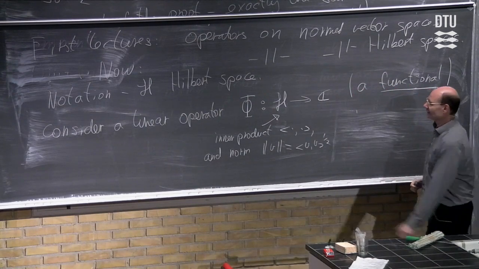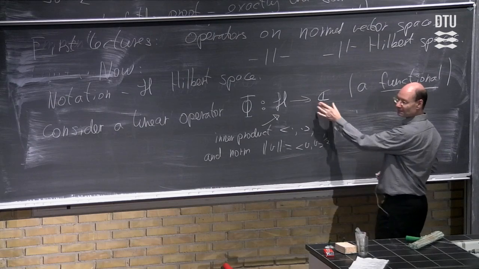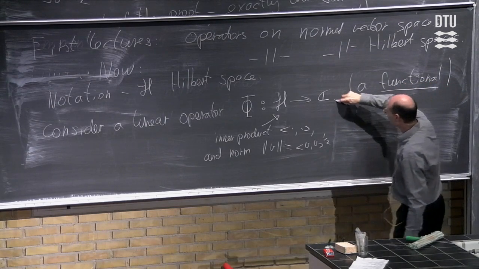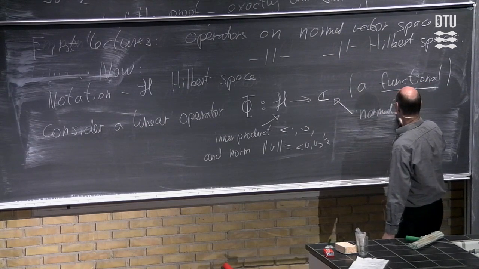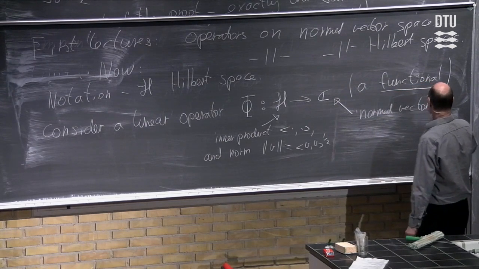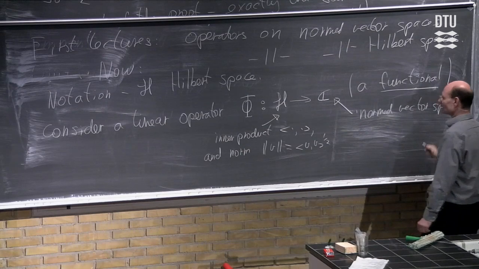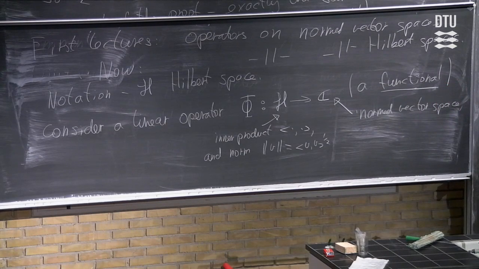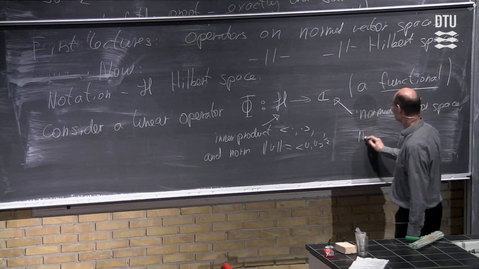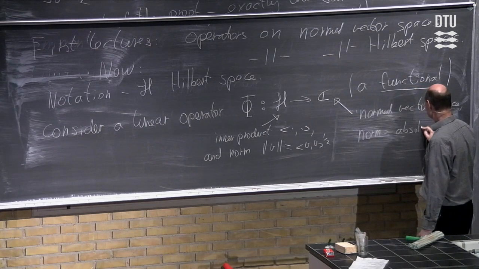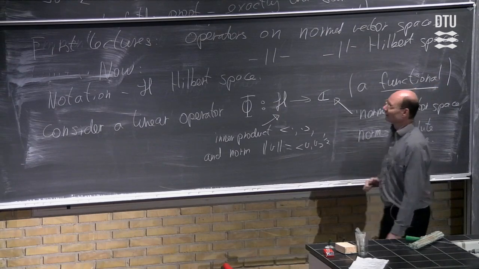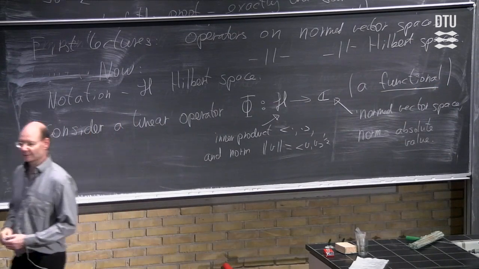So we have an operator going from H into C, and C is also a normed vector space. So the norm on C, this is just the absolute value that you know very well. So let's write down what it means that such an operator is bounded.